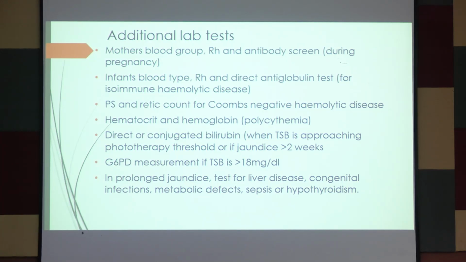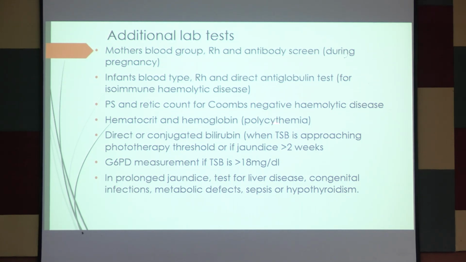Then peripheral smear and retic count for Coombs negative hemolytic disease. If there are any special cells in the peripheral smear, or if the retic count is more, then hemolysis will be more, and conjugated bilirubin will be more.